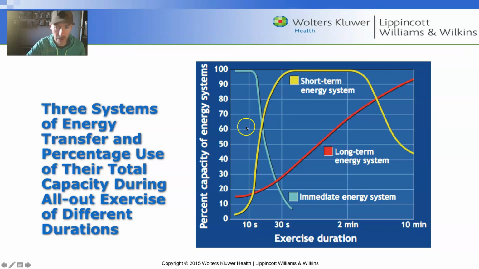Okay, so if we look at our energy systems, we can see that in that duration of less than 10 seconds, the immediate energy system, and we also call that the ATP-PCr system, right, is the system that is going to be used for the broad jump. So I'm going to want to train that athlete almost exclusively with activities that rely on that energy system.